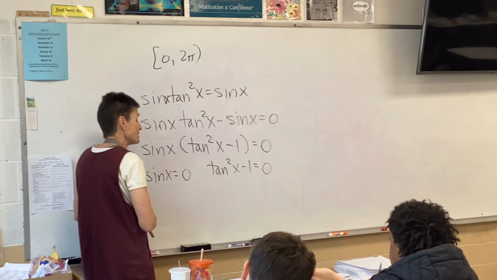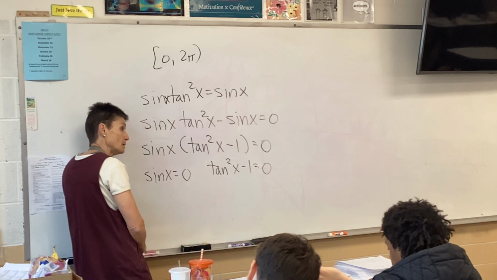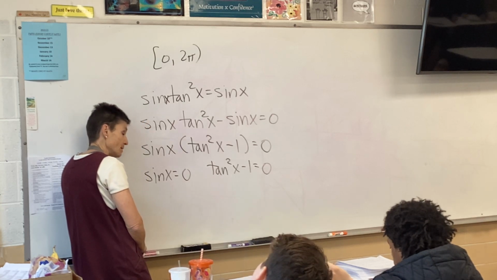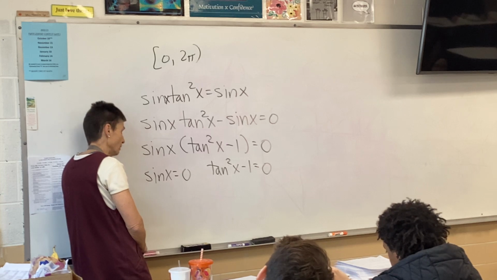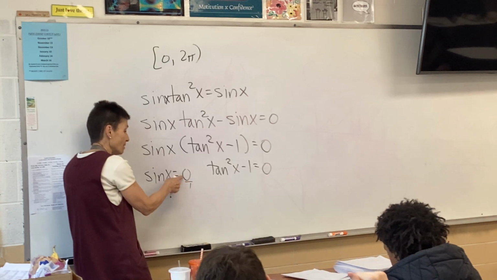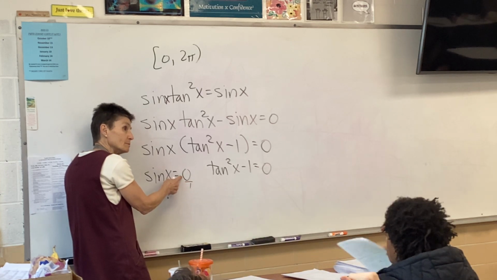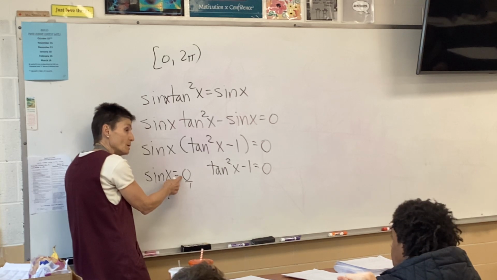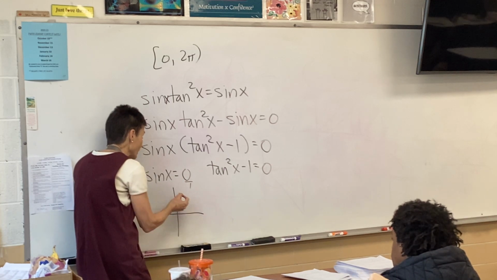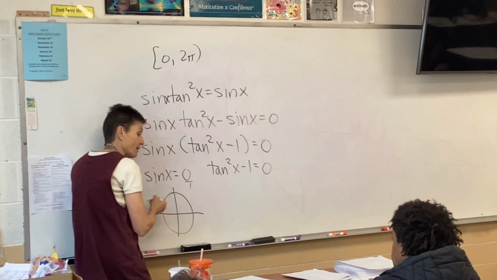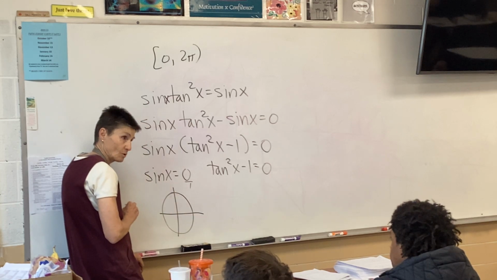Now, where is the sine 0? Keep in mind, there is no triangle that has the opposite side 0. Right? It's not possible. So where do we look? If we can't look on the triangle, we have to look on the circle.